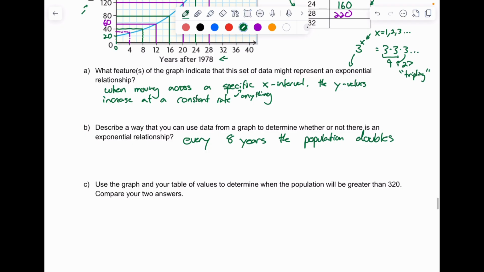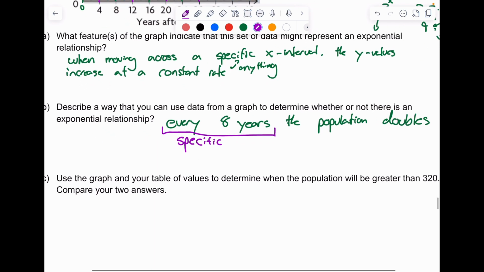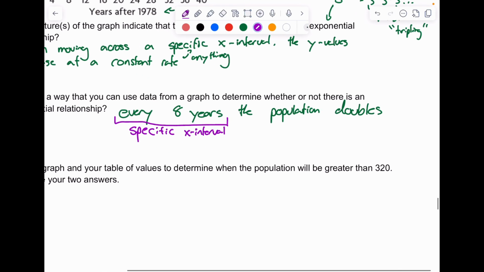All right? So what you're looking for is this every 8 years. This is your specific interval. Okay, this can change, right? It might be every 2 years. It might be every year. This is your specific x interval, or your set x interval. And then this right here is the population doubles.